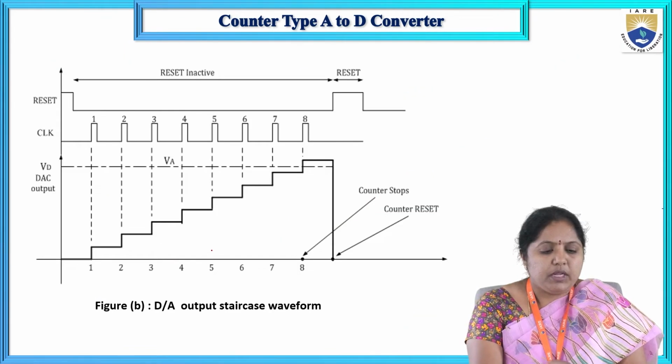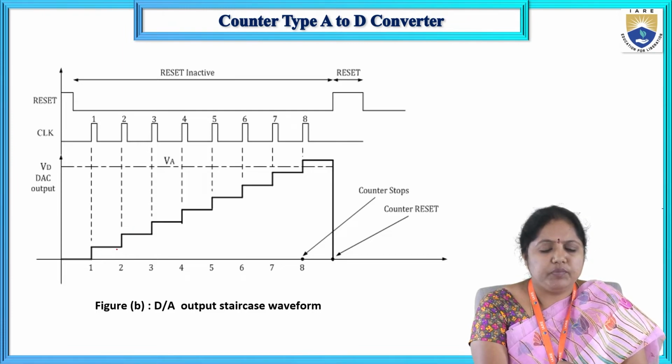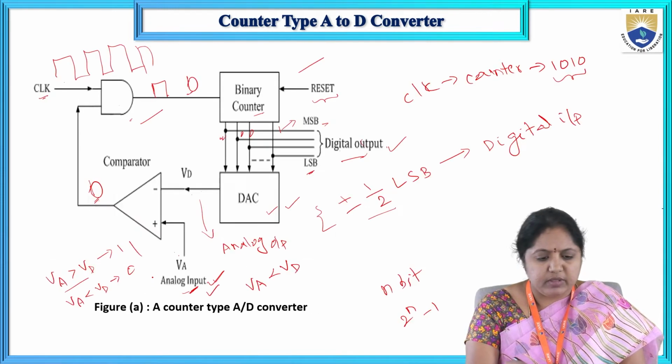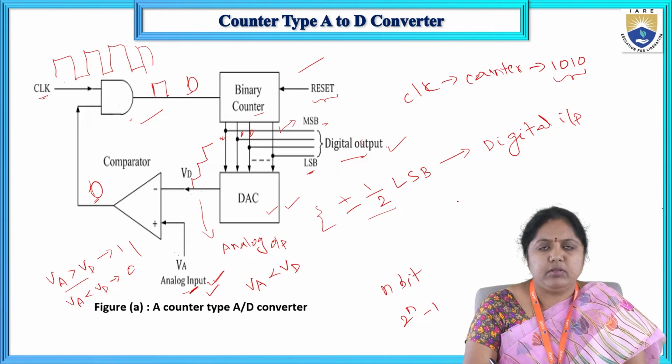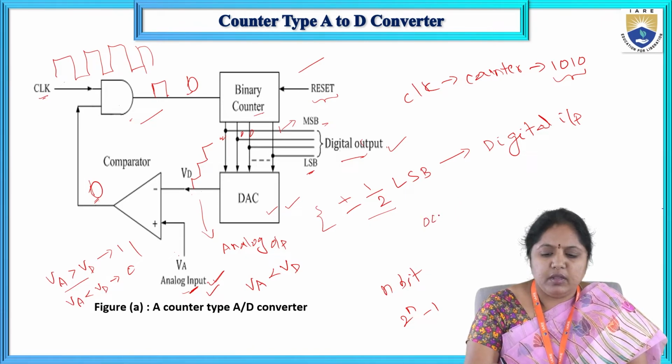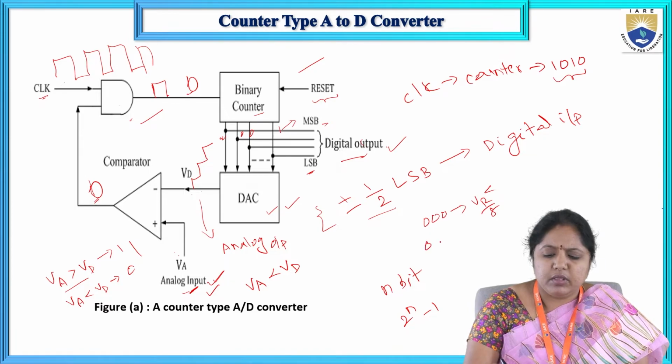Here, whatever this staircase waveform is, this is the staircase waveform for the DAC output. The DAC output always generates a staircase waveform. What is a staircase waveform? If all the values are zeros, it has a certain voltage value, as we have seen previously. It is less than VR by 8, like that. If it is 001, then I will get a voltage value greater than VR by 8.